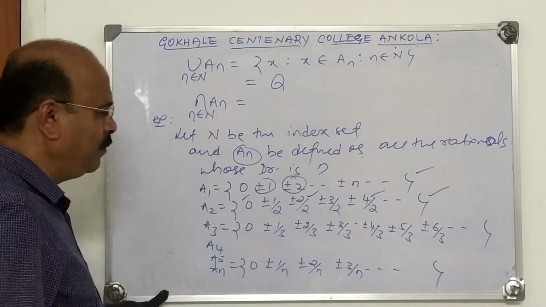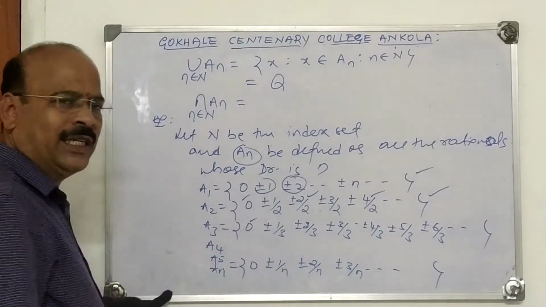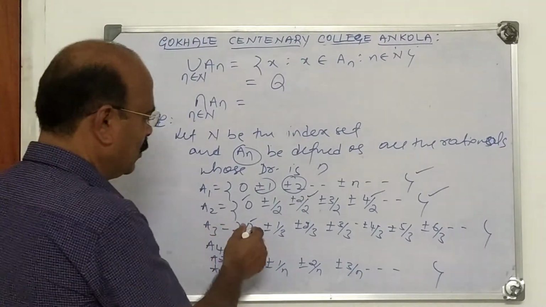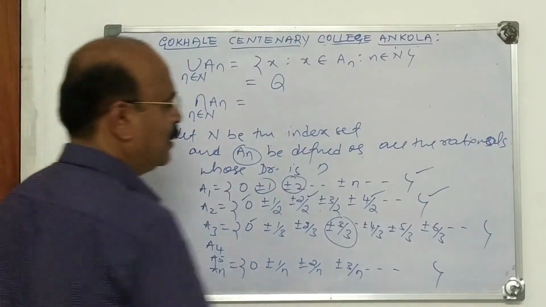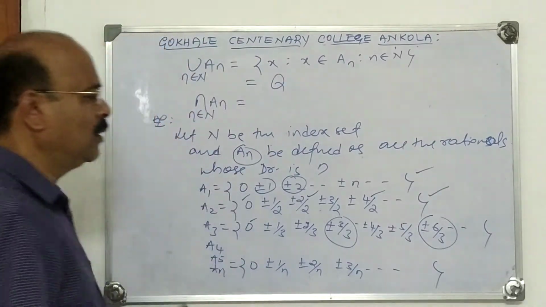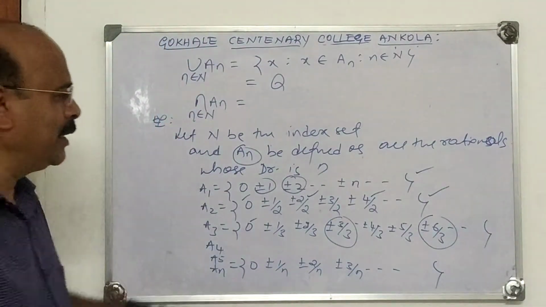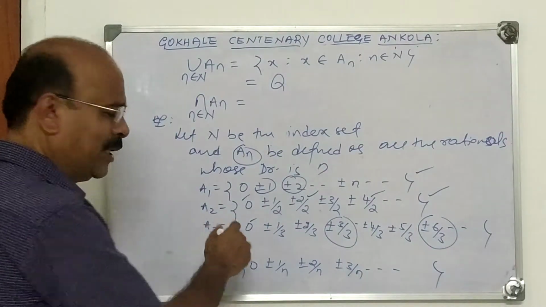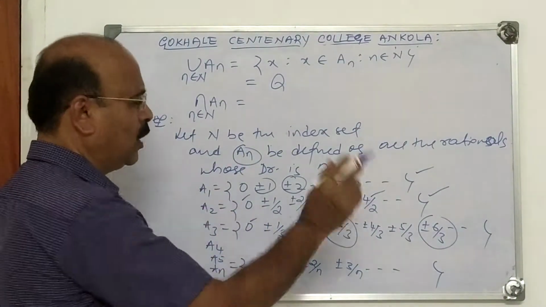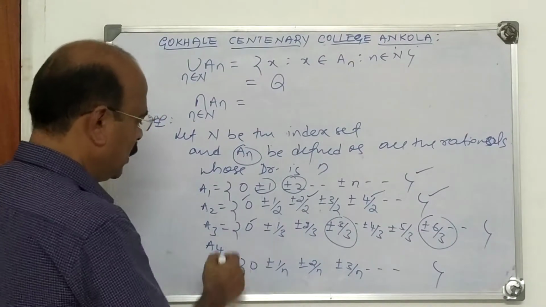What about A3? A3 also includes all the integers. Because A3 includes 0. What is plus or minus 1? It is 3 by 3. What is plus or minus 2? Plus or minus 6 by 3, and so on. 3 is plus or minus 9 by 3. That means in A3 also we have all the integers.